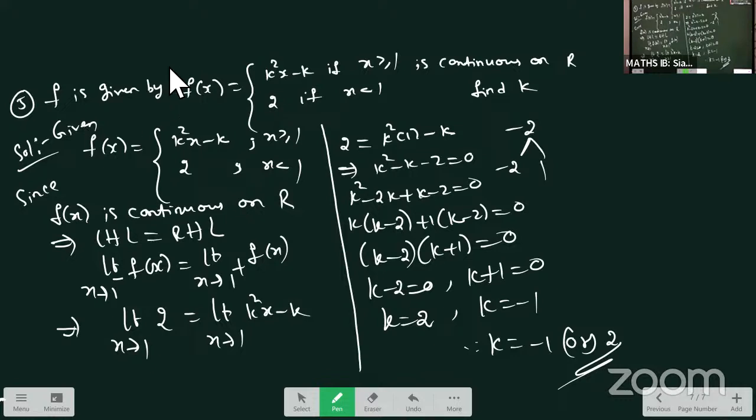One last question of this chapter, of this concept. Check the continuity of the function f of x at 1 and 2.